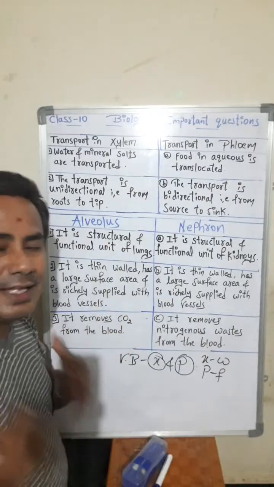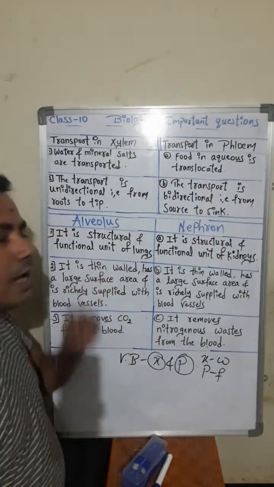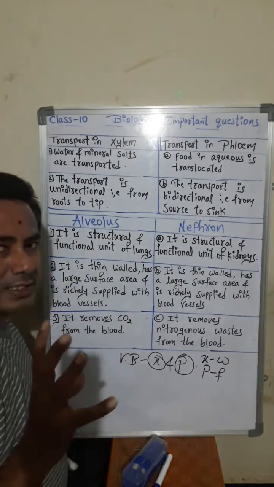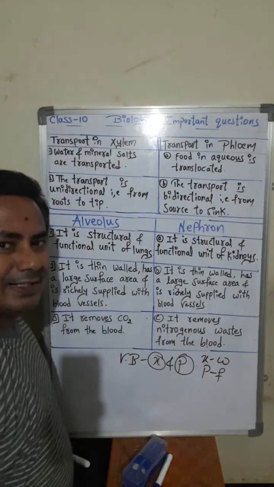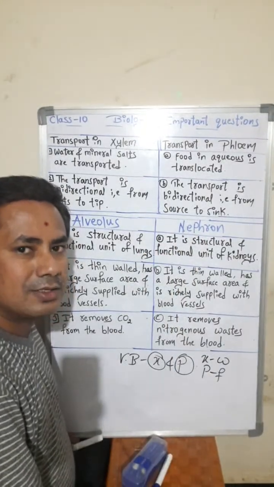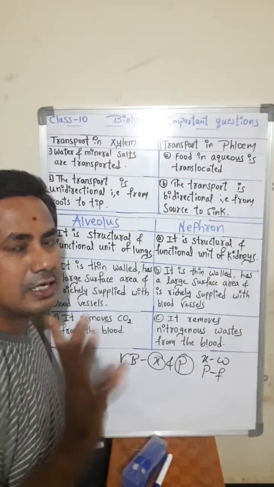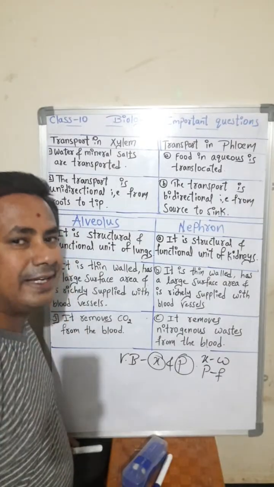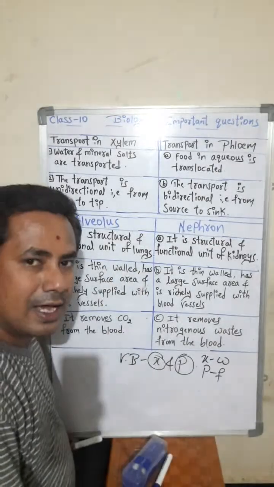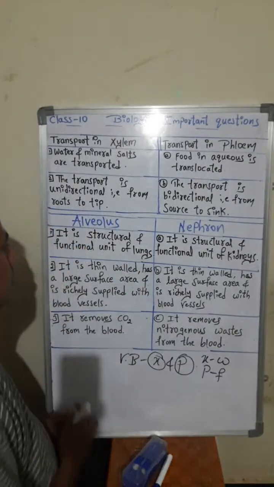In the same way, inside our lungs there will be alveoli. So alveolus is present in the lungs and nephrons are present in our kidneys. I have told you 1 lakh nephrons are present in one kidney. Okay, so let us see the difference between alveolus and nephron.